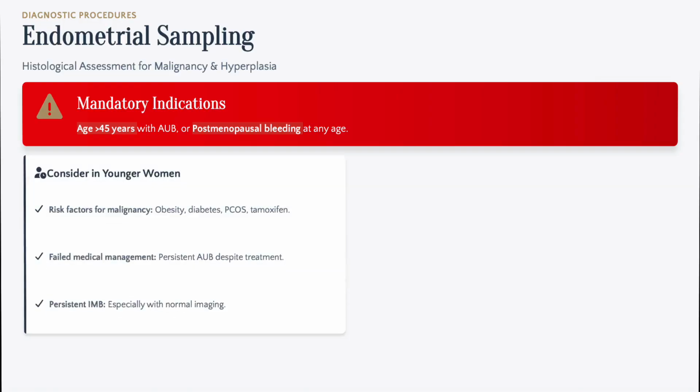Very important. And consider it in young women if there are risk factors for malignancy, if there is failed medical management, and if there is persistent intermenstrual bleeding.